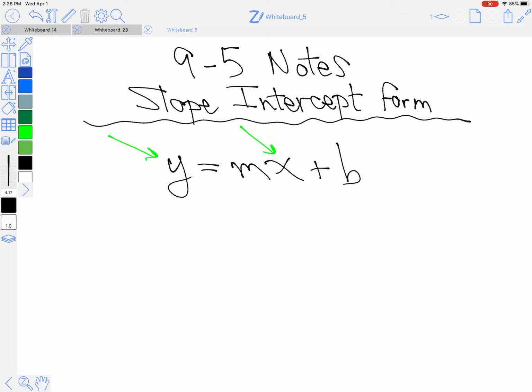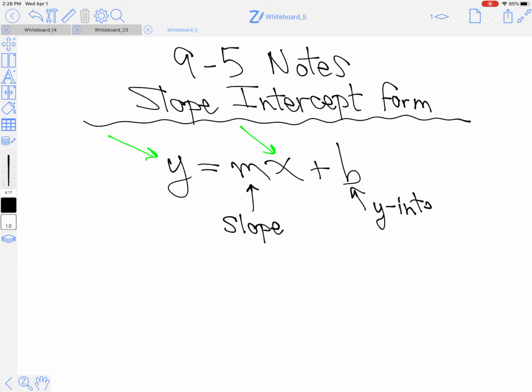You will be filling in for m, and as we said before, that is where slope goes, and the b stands for the y-intercept. Y-intercept means where that line crosses the y-axis if we're looking at a graph.